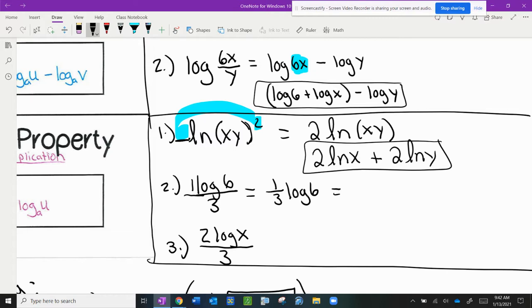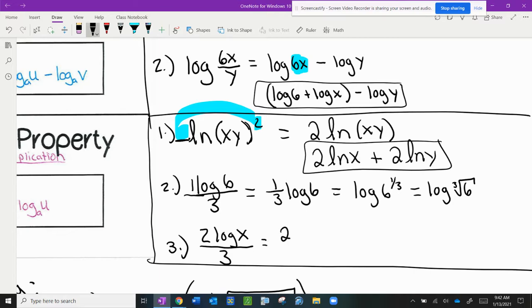Okay, and now I can raise it up as a power. And if I wanted to even take it somewhat further, I'd write that as a cubed root. And that would be called condensing.